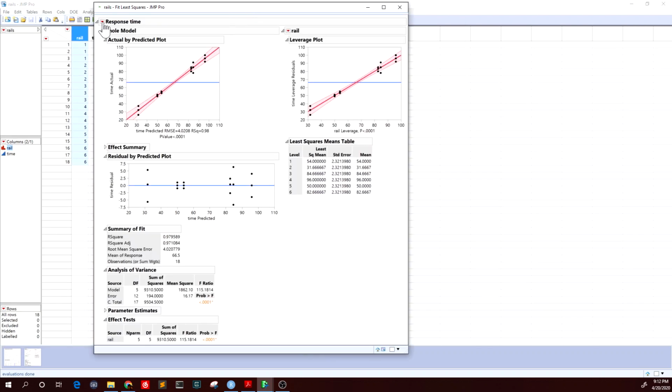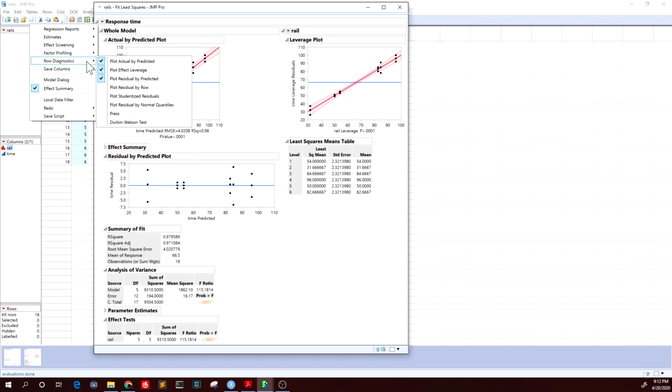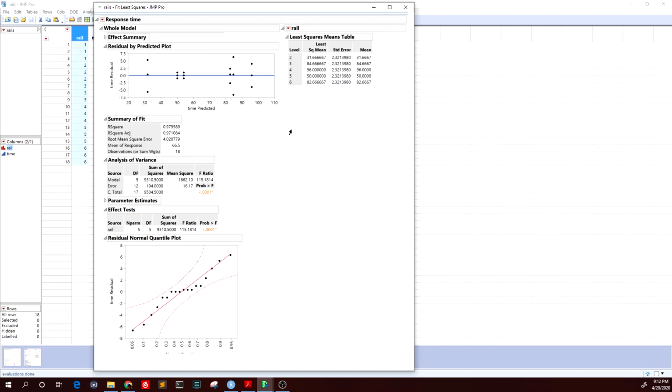Then you click on the red triangle here, and in the Row Diagnostics, you want to get the residual by normal quantile plot. So this gives you the normal QQ plot of the residuals, and this plot is also used to check the normal assumption in the one-way ANOVA model. Okay, that's all for this video.